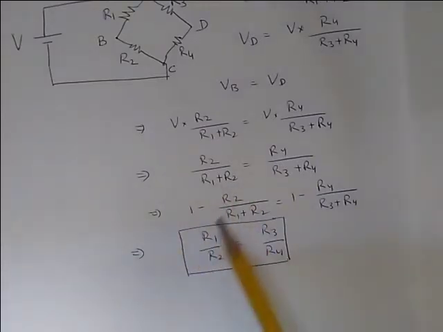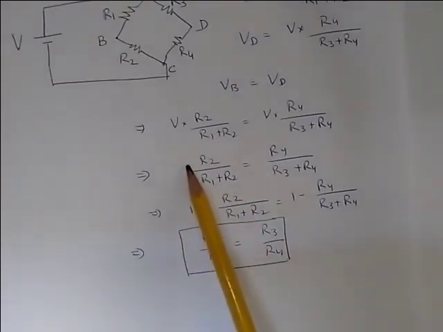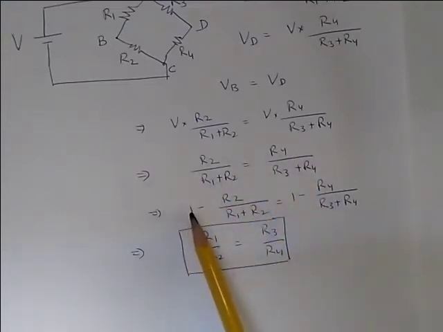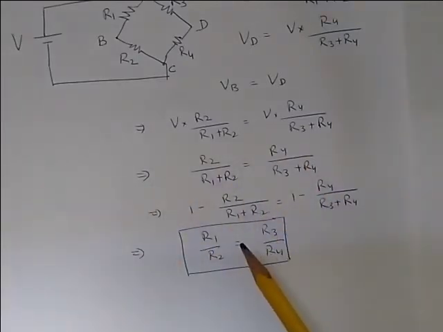Now we can rewrite this as, we can put negative sign on both of the sides, it does not change this equation, and then we add 1 to both the equations. If we rearrange the things in a different fashion, we will finally arrive that R1 divided by R2 is equal to R3 by R4.